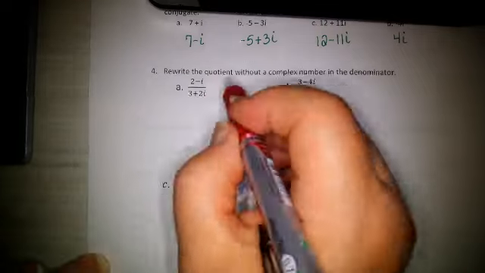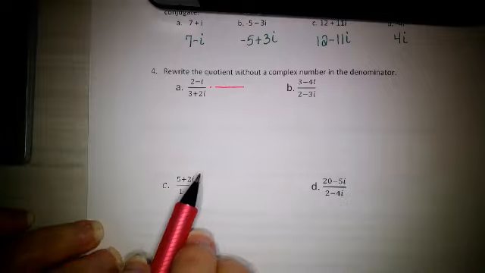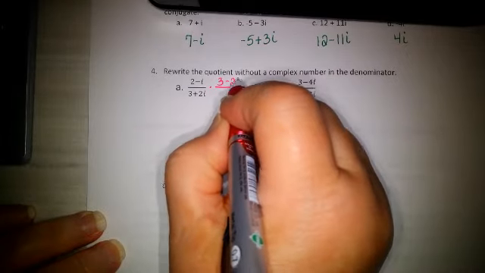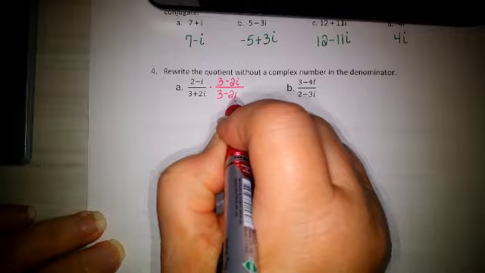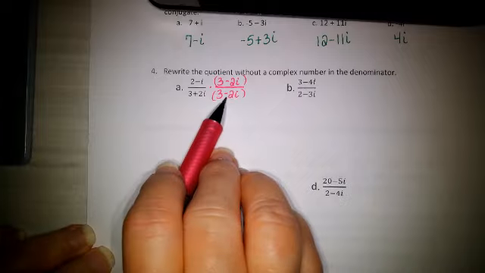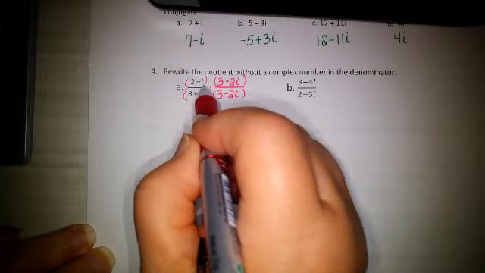The way to do that is to multiply the numerator and denominator by the same number. In this case, it's going to be the conjugate of the denominator. So you take whatever your denominator was and multiply the numerator and denominator both by the conjugate.